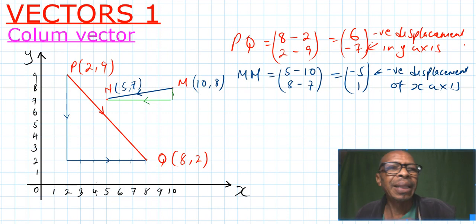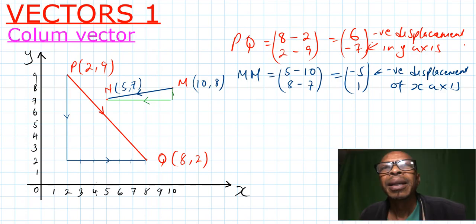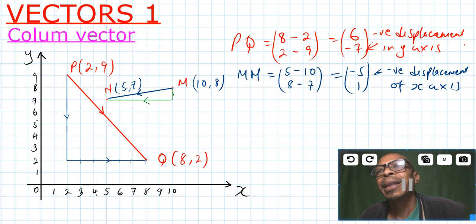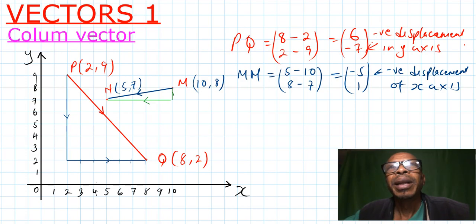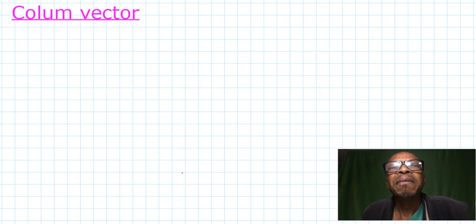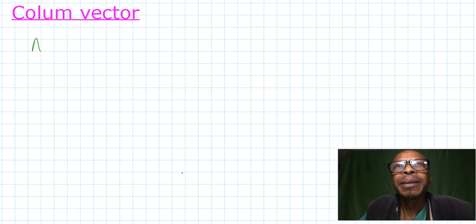Having learned that, it is not a must that when you are expressing the column vector, you always draw the Cartesian plane. Let's see, if you are given 2 points, for example, you are told AB, the coordinates of A are 3, 5.